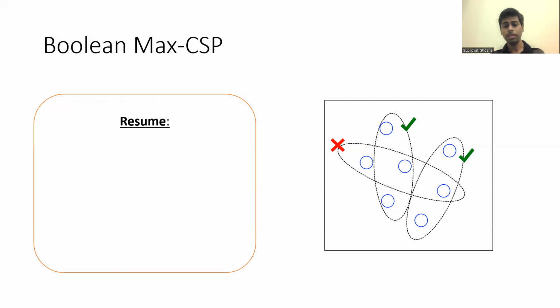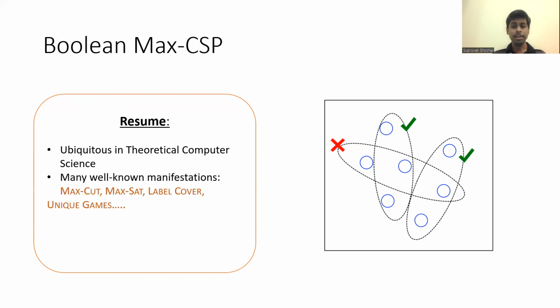Now, this is a very commonly studied problem in theoretical computer science. They're almost everywhere, starting from classical results like the Cook-Levin theorem, all the way up to very sophisticated results such as the probabilistically checkable proofs theorem. They are very versatile and expressive.